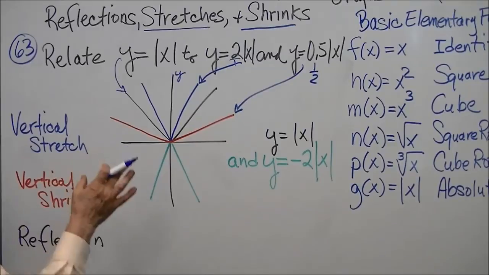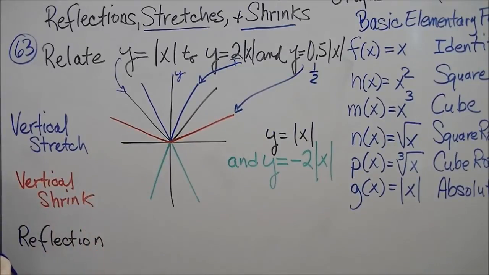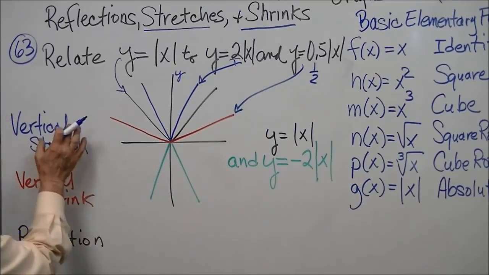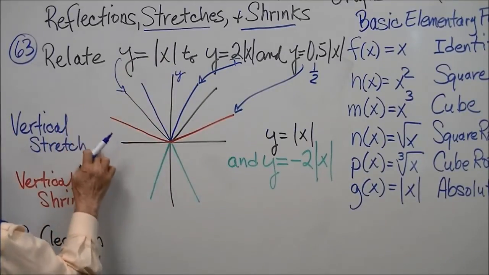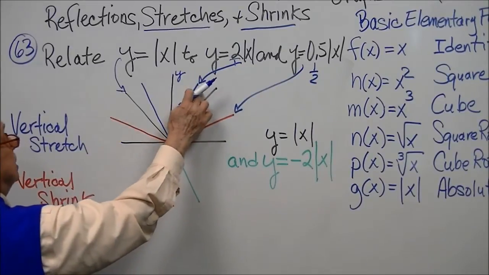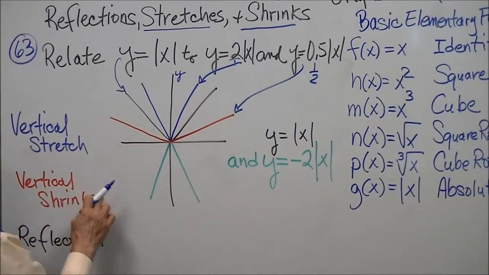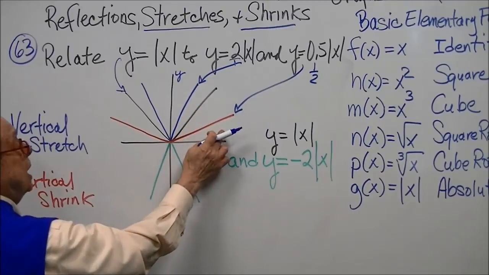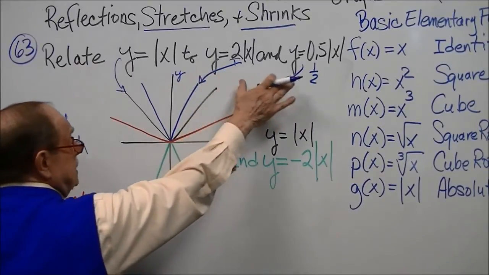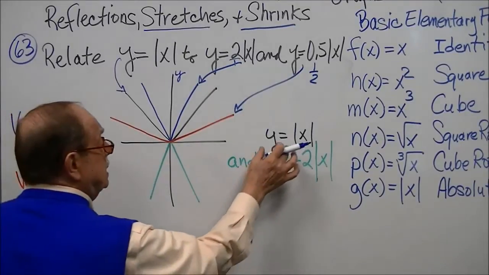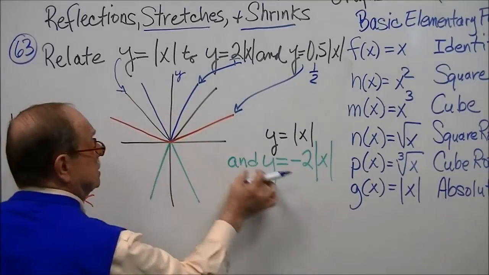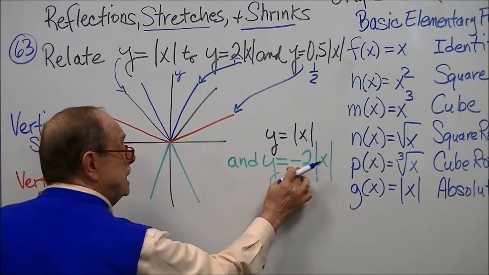So, a couple of things going on. And these are all, in a sense, since it's up and down, a vertical stretch from the black to the blue, a vertical shrink from the black to the red, and these are the equations that relate to that. And then a little later on, they're saying relate the same equation where it's a -2.